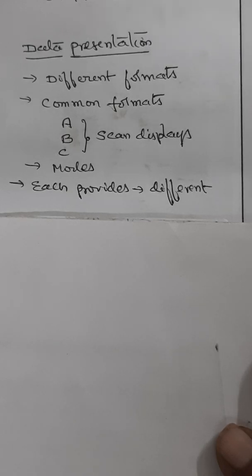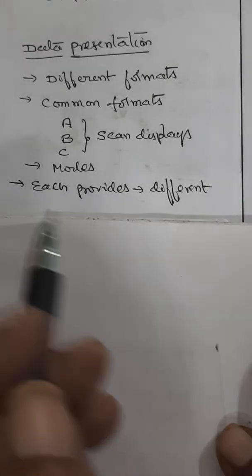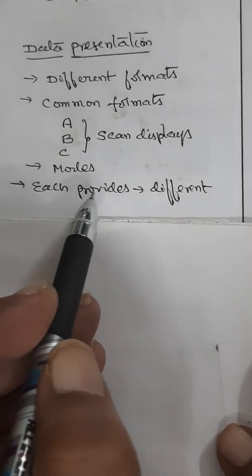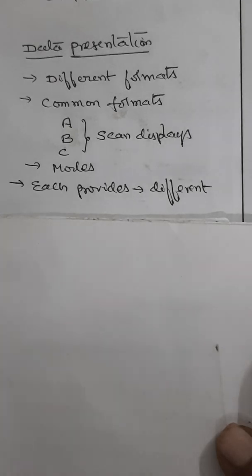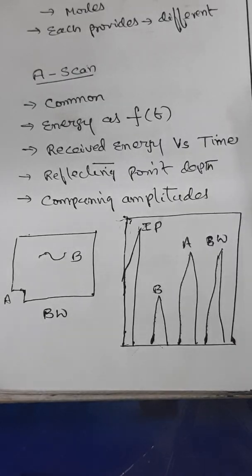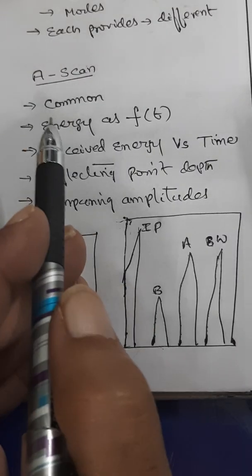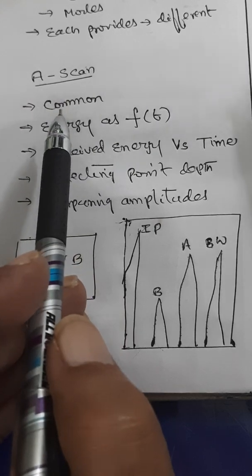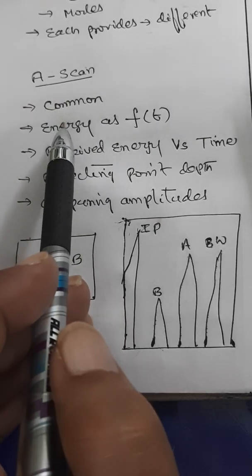Each of these display modes provides a different way of looking at and evaluating the region of the material being inspected. Let us understand each of these scans separately and understand how we can interpret the plot obtained from the data for analysis. If you look at the first type, the A scan display, this is the most commonly used display.